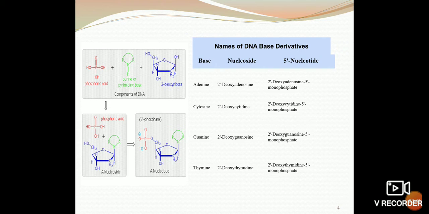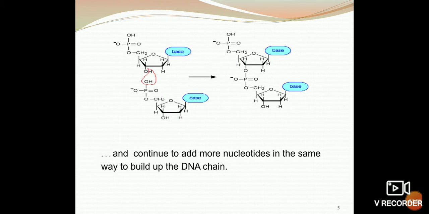And if we see a nucleotide on the 5' carbon atom, it is 2'-deoxyadenosine 5'-monophosphate, and so on.